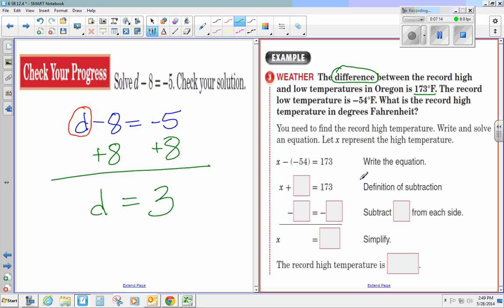So definition of subtraction. Minus minus means plus 54. To undo an operation, undoing addition, you subtract.